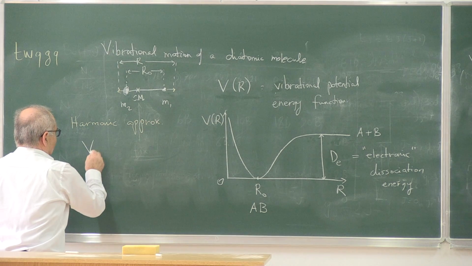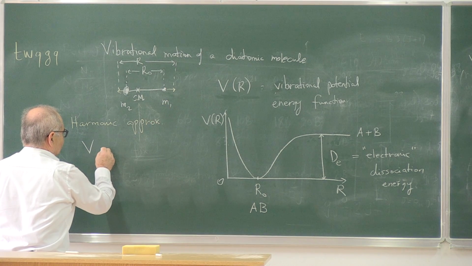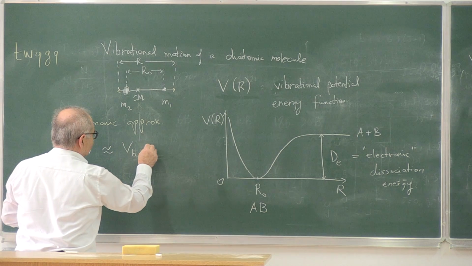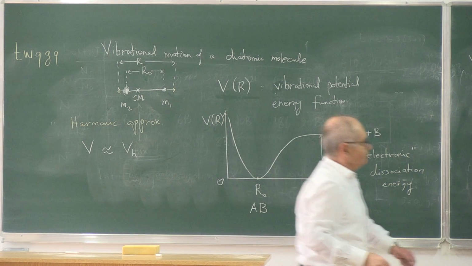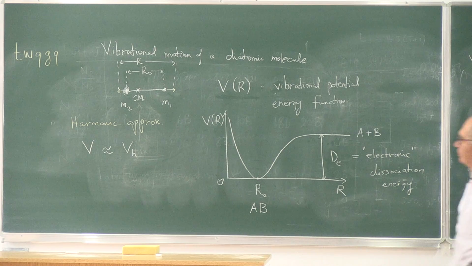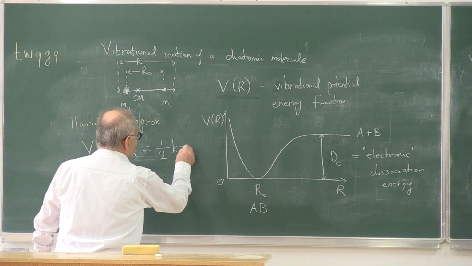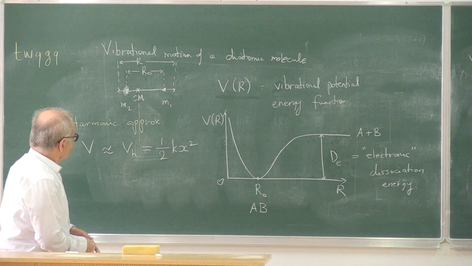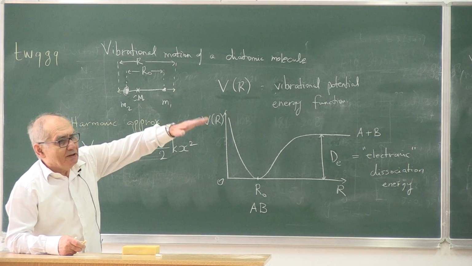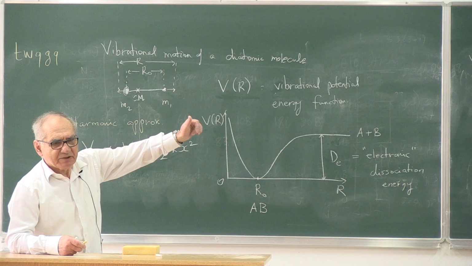Here, the true potential energy function, V, is taken as V harmonic, which is one half k times x square. In other words, we are just ignoring the anharmonic part in the vibration potential energy function.